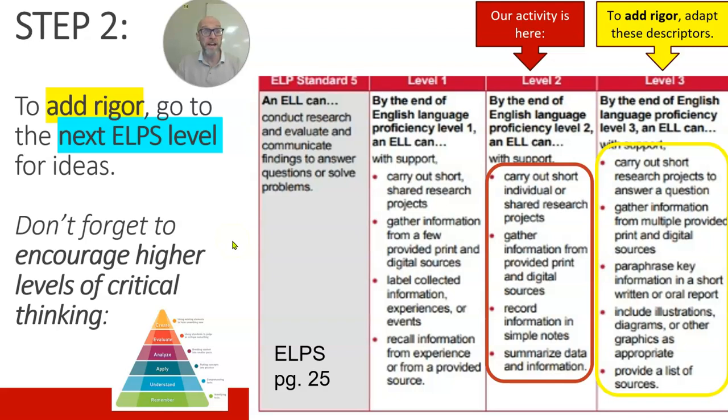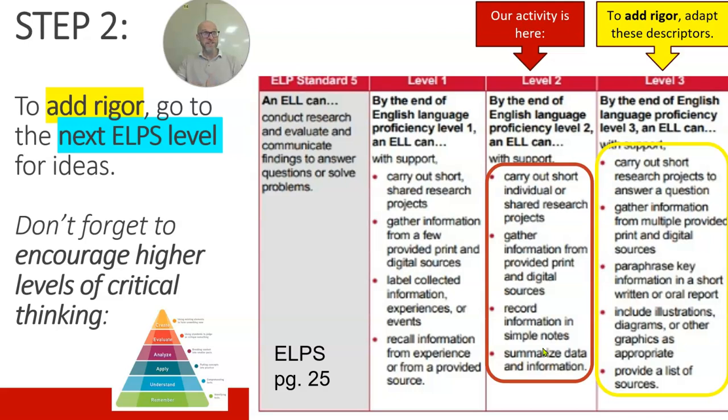So now that we have determined our ELPS level, let's move on to step number 2, which is to add rigor. Go to the next ELPS level for ideas. You can see our activity here in red is to carry out the research project, gather information, record information, summarize that information.